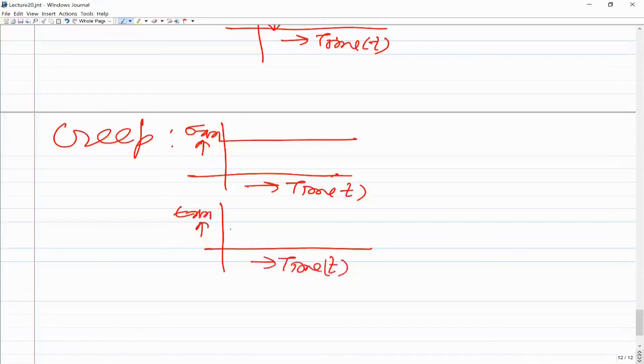Initially, when you apply the stress, there would be some strain due to elastic deformation. But then, due to viscous and strain rate effects, the strain keeps on increasing with time, again something like this. This is the creep, and this is the initial epsilon xx naught.